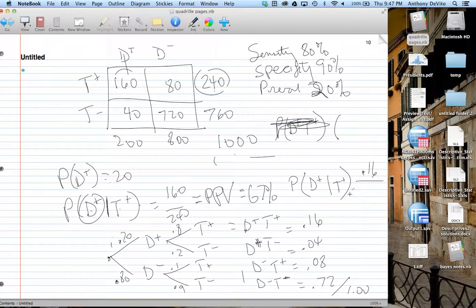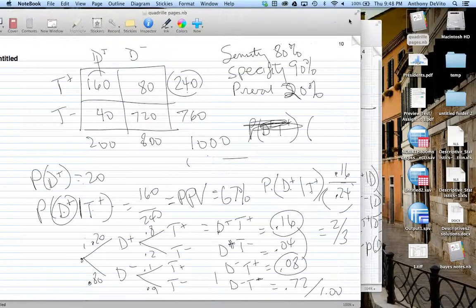Out of all the people who tested positive, 16% is this outcome, and this other outcome accounted for 8%. The sum of those two is 0.24. So the probability that you have the disease, given that you've tested positive, is 0.16 over 0.24, or 2/3, just like the 0.67 that we calculated before.